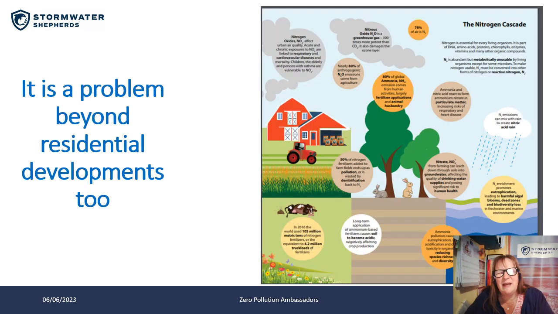The other thing that's important to remember for the nitrogen document and indeed the phosphorus document is that we're looking at residential developments, but actually the picture is much bigger than that. So this is just a snapshot image. I know you can't read the text, but it doesn't matter. The point is nitrogen is coming from across the entire catchment. It's coming from farms, it's coming from cow manure, it's coming from wildlife, it's coming from vegetation, woodlands, grasslands, it's coming from the sky, it's coming from industrial activities, it's in road runoff, it's in sewage effluent.